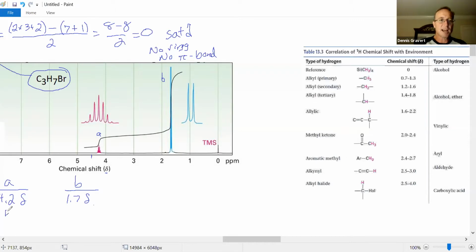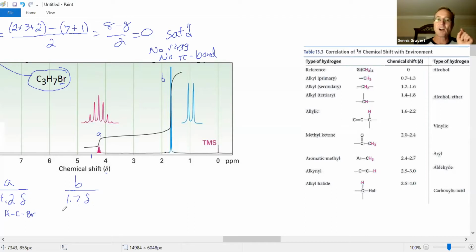So there's a hydrogen on a carbon with the same carbon attached to the bromine, from the chemical formula. And this hydrogen is producing a peak at 4.2. And then these hydrogens that produce peak B are not attached to a carbon that's also attached to bromine, because it's farther upfield.